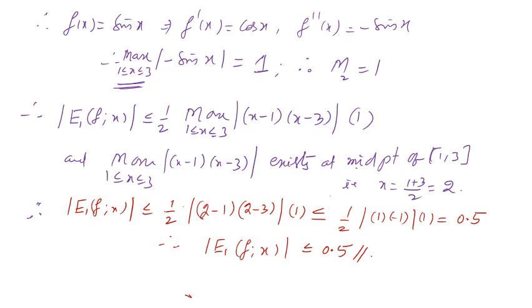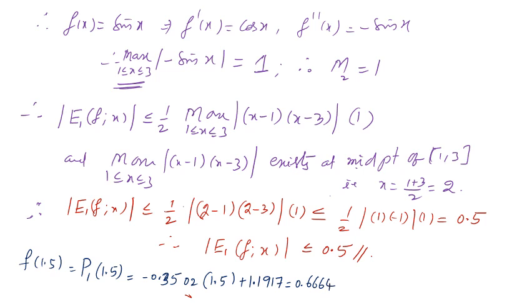Another one we have to find is f of 1.5, which is nothing but P1 of 1.5. P1 of x is minus 0.3502 times x plus 1.1917. With x as 1.5, this value is 0.6664.